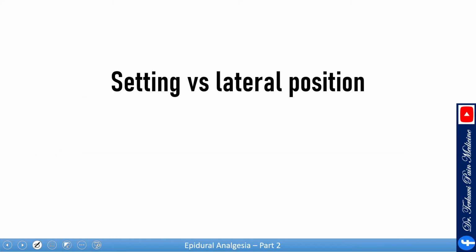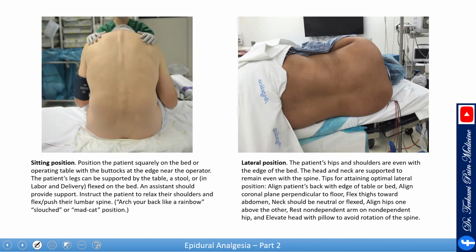Should we use sitting or lateral position? So here, this is the sitting position. Position the patient upright on the bed or operating table with the buttock at the edge, as you see, near the edge of the table, near the operator. The patient's legs can be supported by the table, a stool, or in labor and delivery flexed on the bed.